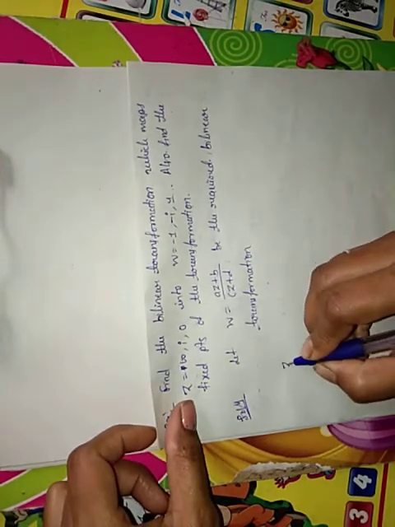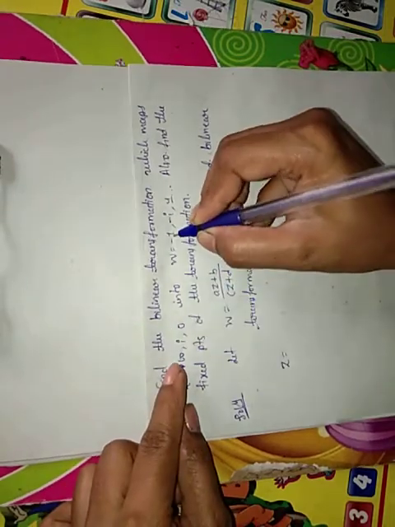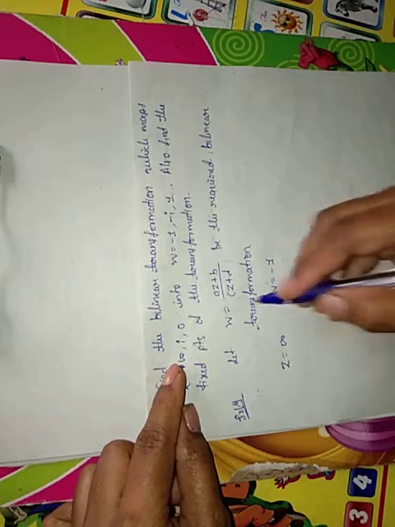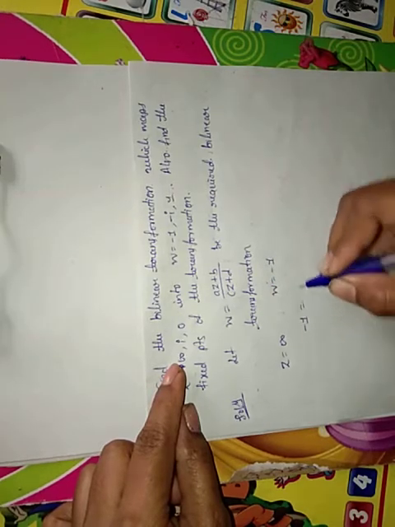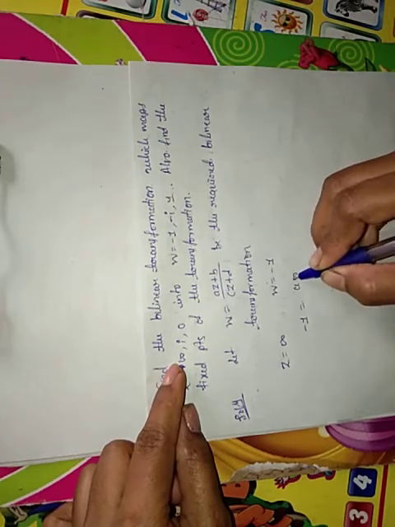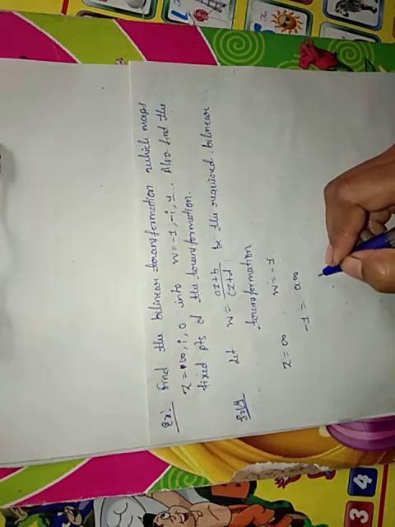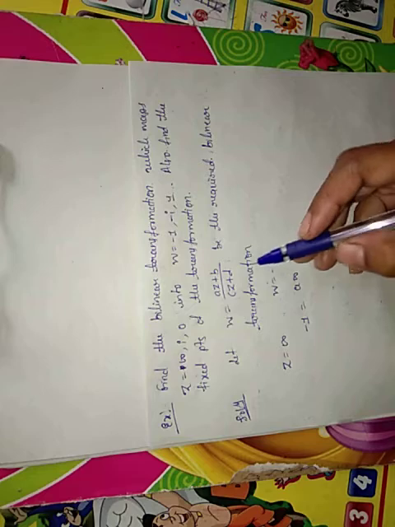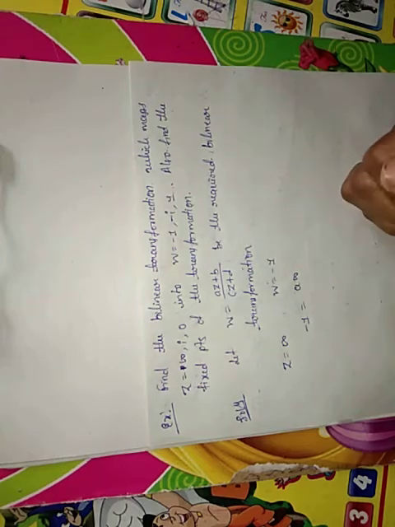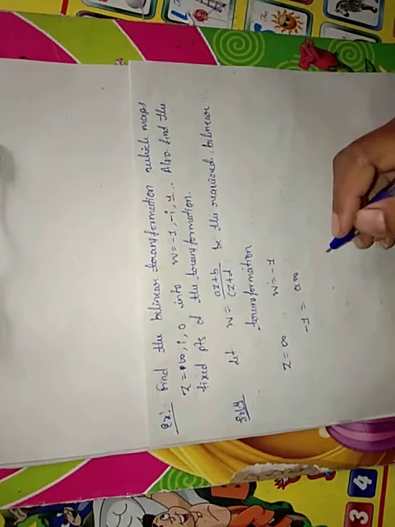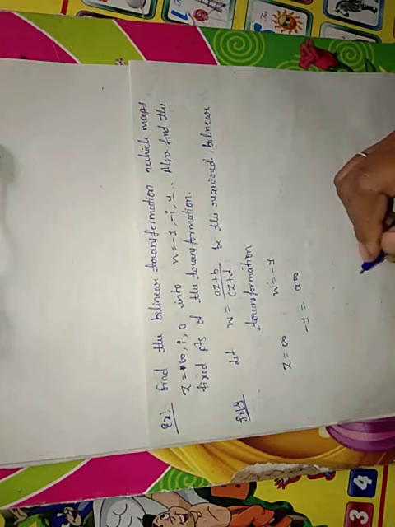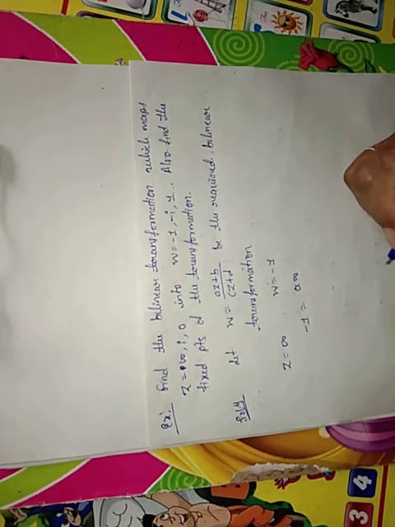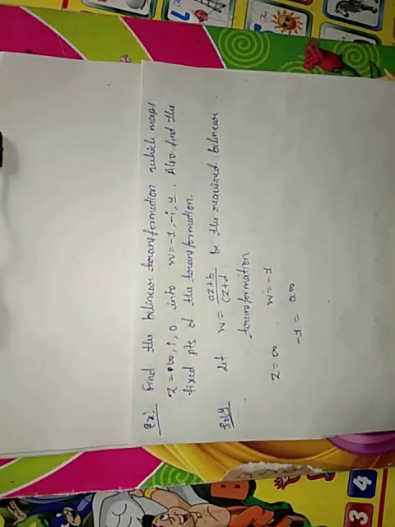Now we have to put z equal to infinity, w equal to minus 1. If w equal to minus 1, z is equal to infinity. But when we substitute the values directly, the term tends to infinity by infinity, which is not defined. So the bilinear transformation needs to be written in another form.